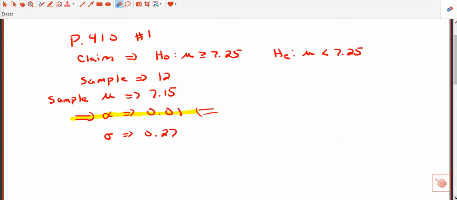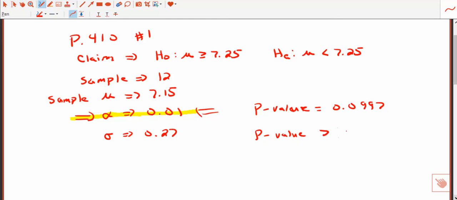So comparing the p-value with our significance level, the p-value was 0.0997, and we see that the p-value is actually greater than our level of significance.